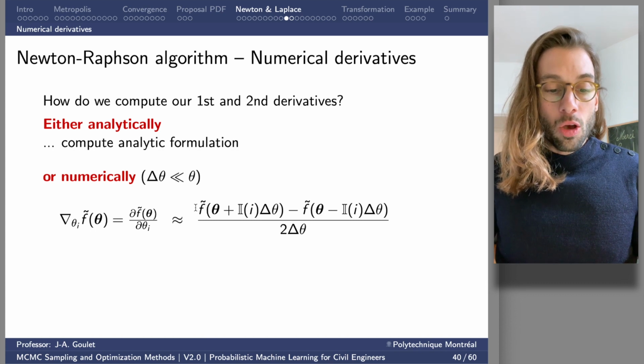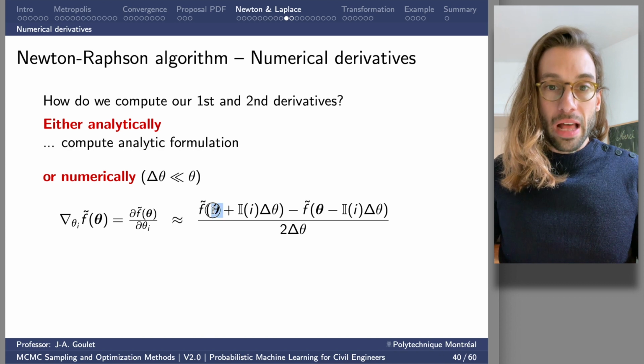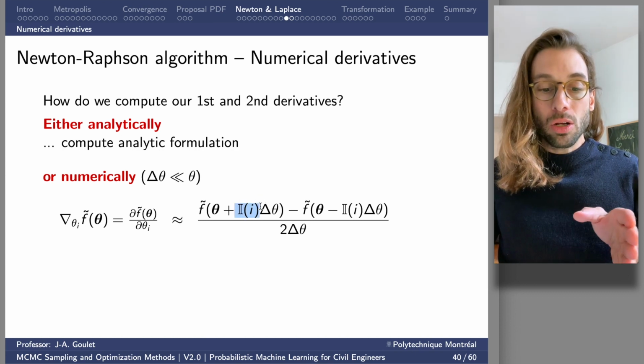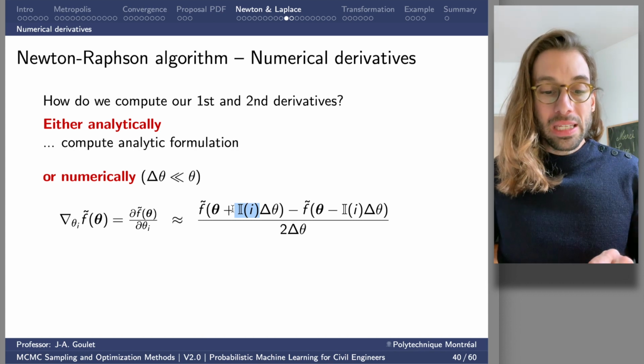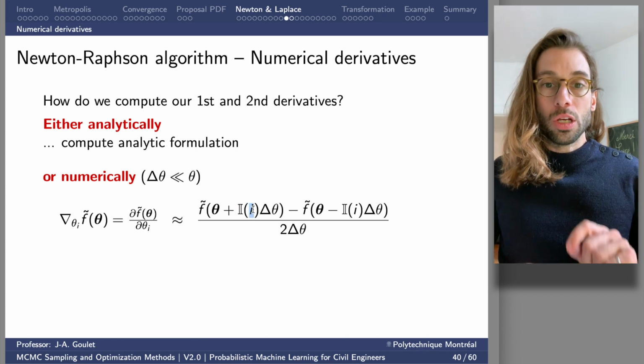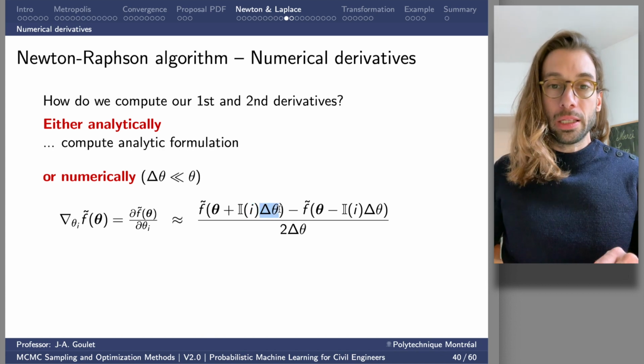So meaning we're going to evaluate our target function at the current value theta plus some perturbation for the ith parameter, meaning that I is an indicator vector, okay? It's a vector of the same length as theta, where it's all 0 except the ith component, which is equal to 1. Okay, and this is going to multiply a perturbation delta theta.